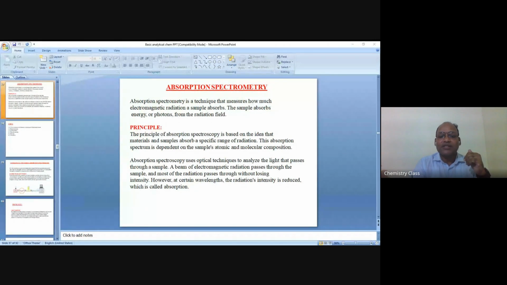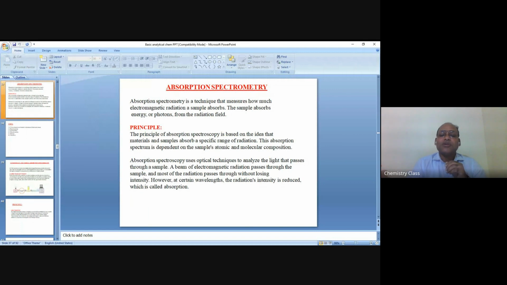Absorption spectroscopy is a technique to analyze the light that passes through a sample. A beam of electromagnetic radiation passes through the sample. What will happen? Most of the radiation passes without losing intensity.